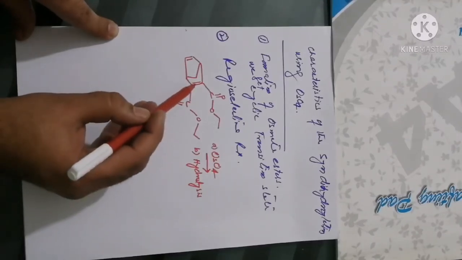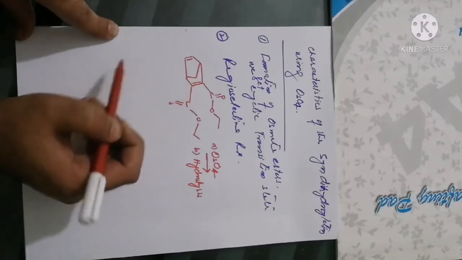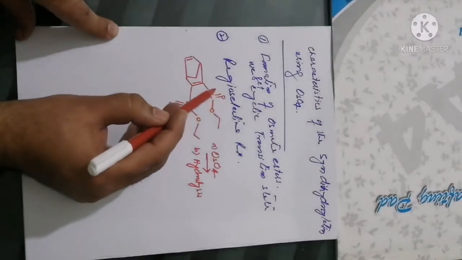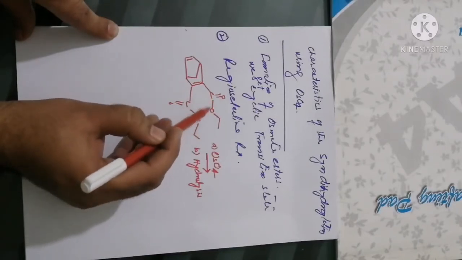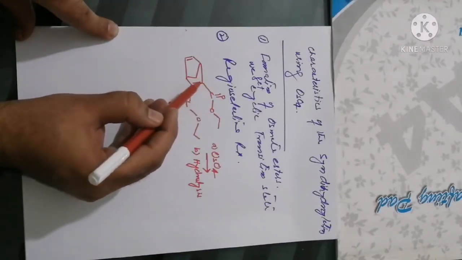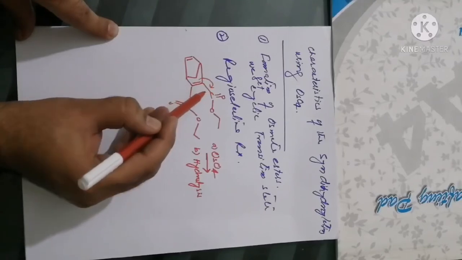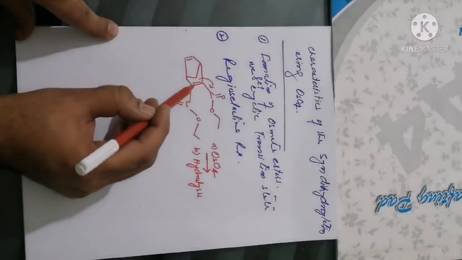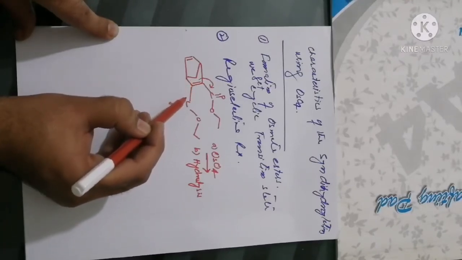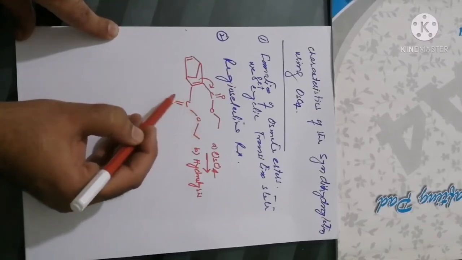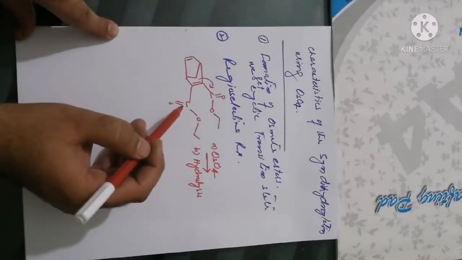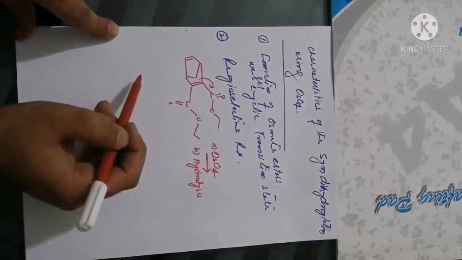This olefinic double bond is electron deficient because this ethyl carboxylate group is pulling the electron density itself. Its pi electron density can be delocalized over this electron withdrawing group, making it an electron deficient olefinic double bond.